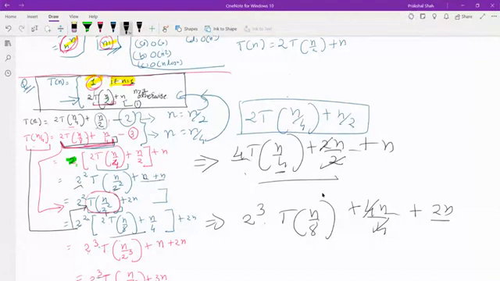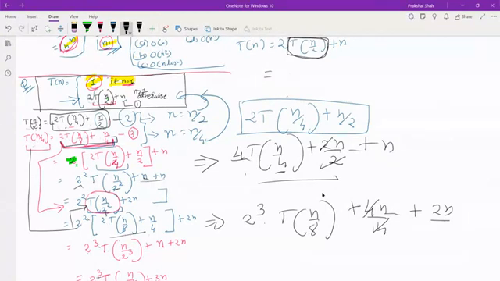Now you just need to put this in place of t of n by 2. See, this is t of n by 2 equals this. So instead of this term, you need to put this now. Yes or no? Yes, sir.